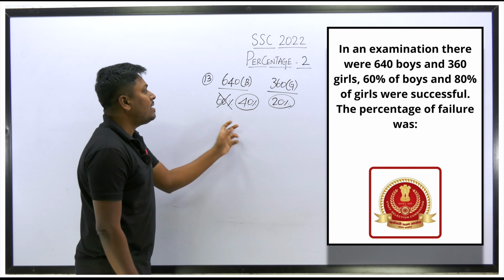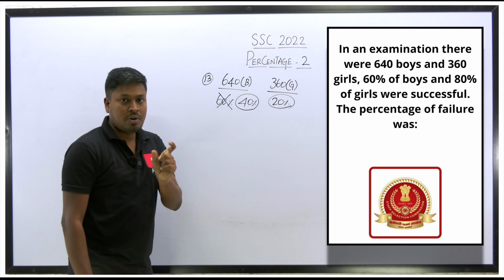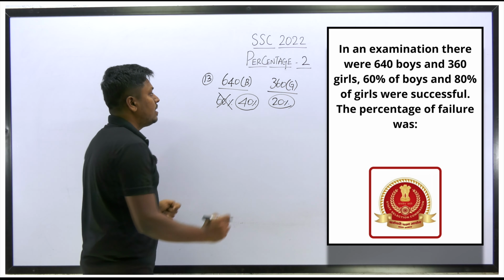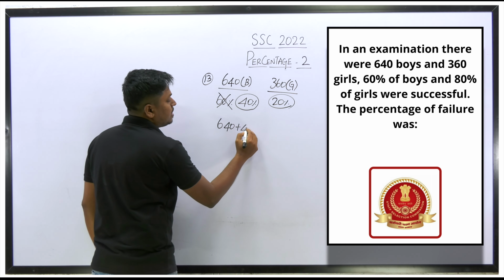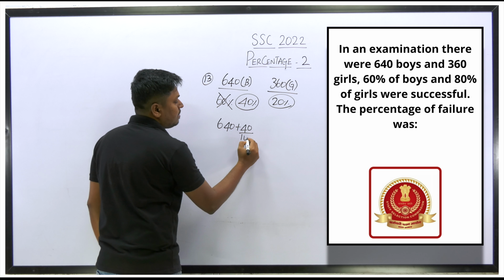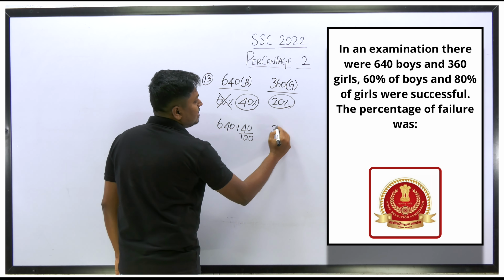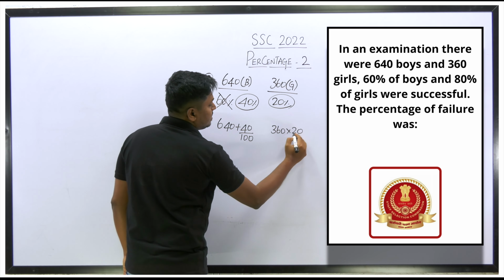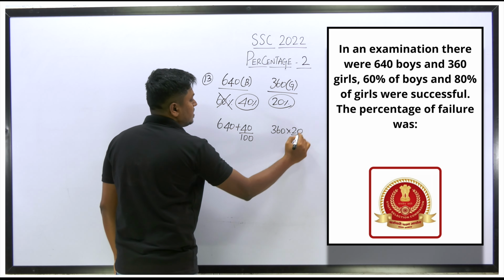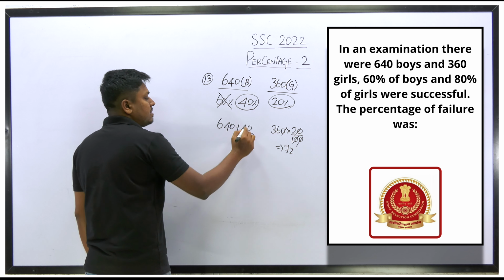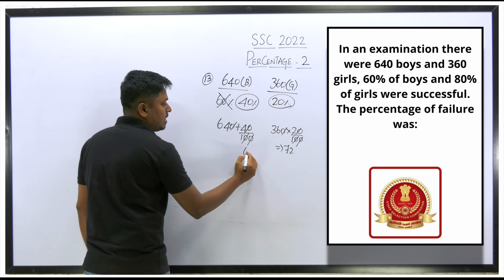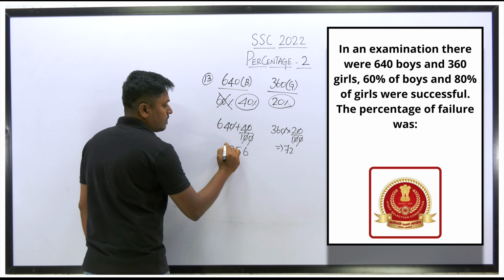So first let me find the total number of students who are unsuccessful here, right? So let me find what is 40%. So 640 into 40%, that is 40 by 100. So similarly 360 into 20%. Cancel the zeros here, which is 72. So similarly cancel the zeros here, 16 1 256.